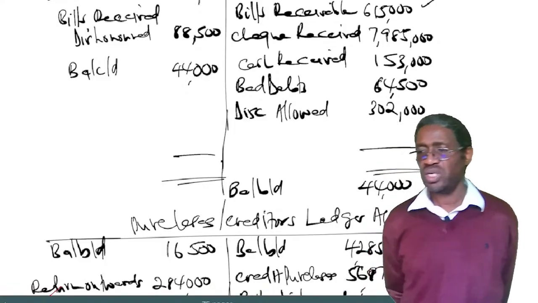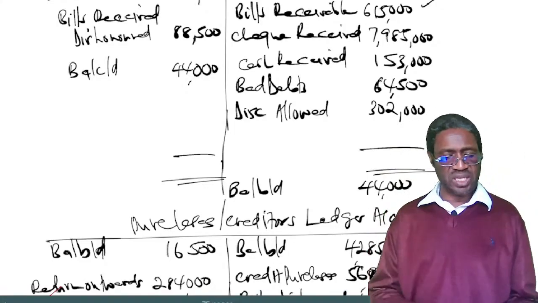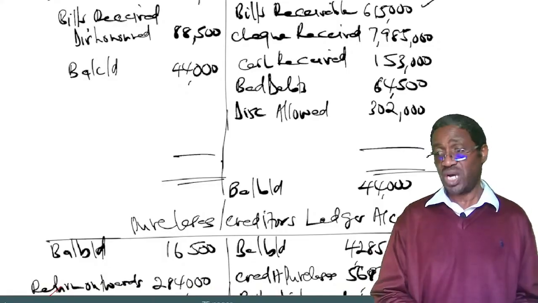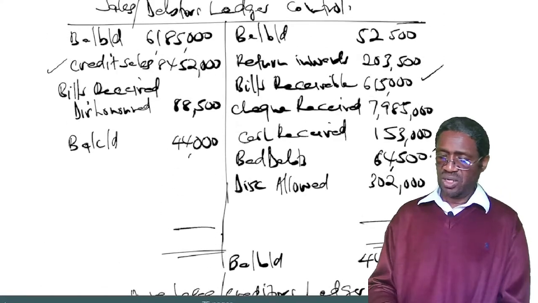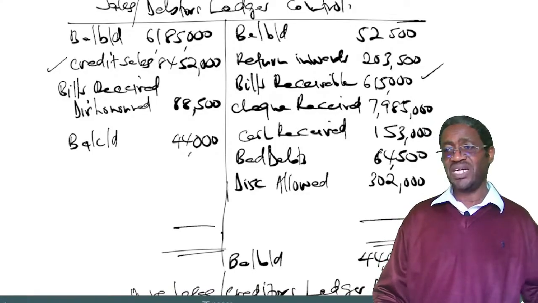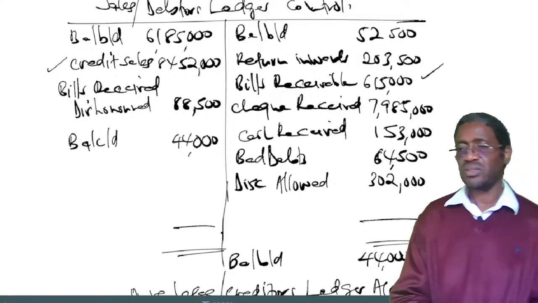So finish. I want to get the balances by the end of the year of those two accounts. What is the normal debtors by the end of the year? What's our normal creditors by the end of the year now? So let me be adding now. I get the totals on the debit.